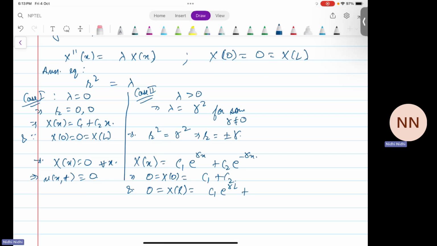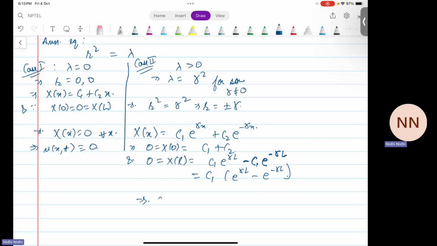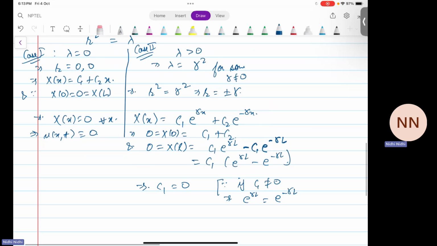Now from the above equation we know that c2 is equal to minus c1, so we can write it as c1 times (e to the power gamma L minus e to the power minus gamma L). This implies that c1 is 0, because if c1 is non-zero, that means e to the power gamma L is equal to e to the power minus gamma L. Since the exponential function is a 1-1 function, this can never happen.